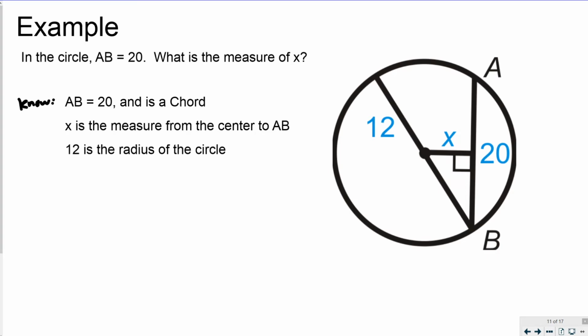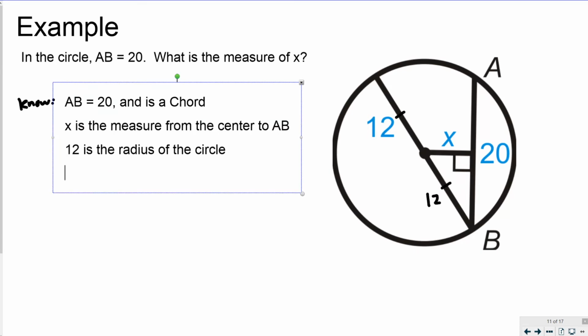So then, if this is 12, that means this is 12 down here. So then I can go ahead and add to my knowing, stuff that I know. Segment X hits AB at a 90-degree angle.